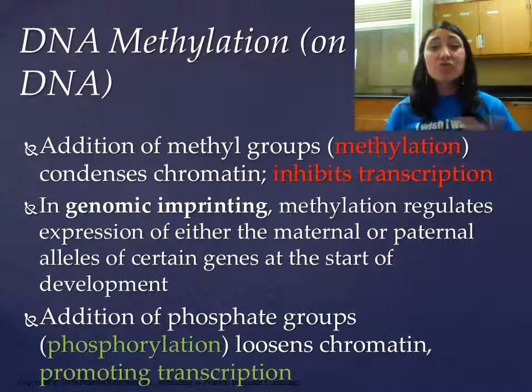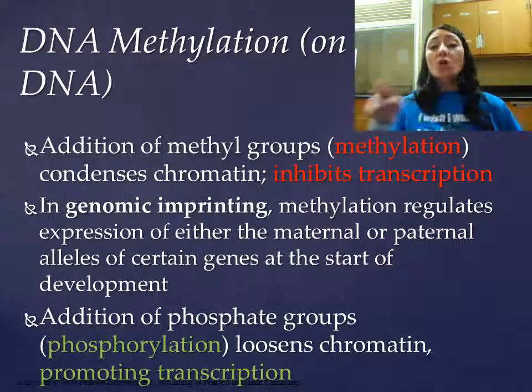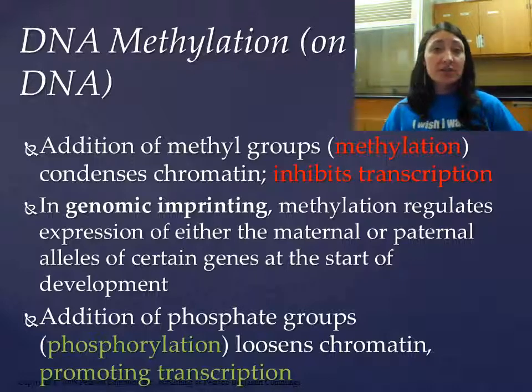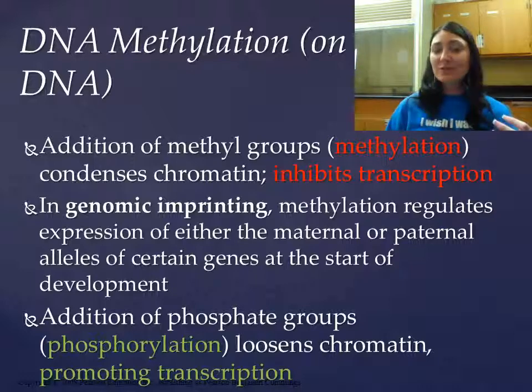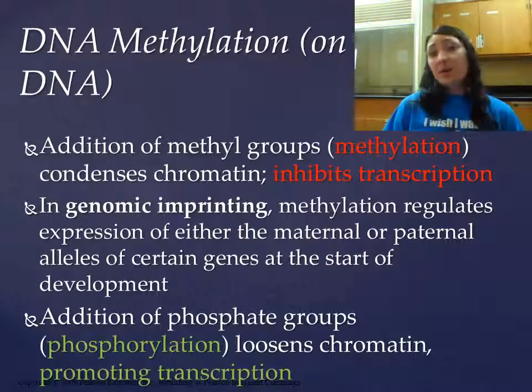Your methylation will regulate the expression of either your maternal allele or your paternal allele of certain genes at the start of development. So basically it turns off your maternal allele for a trait or your paternal allele, and then every cell that it divides into after that also has that same genomic imprint, meaning you're not going to transcribe both of those alleles from mom and dad at the same time.